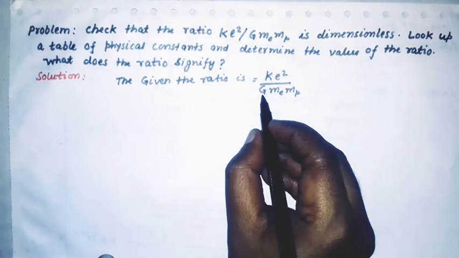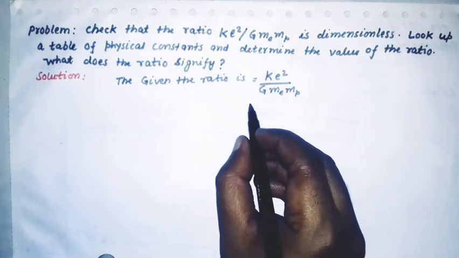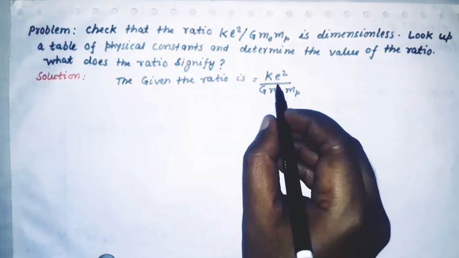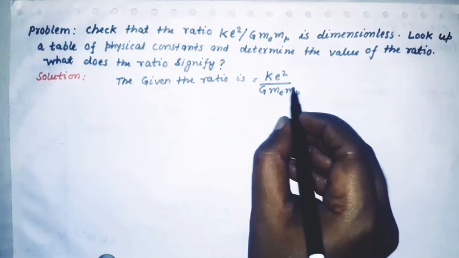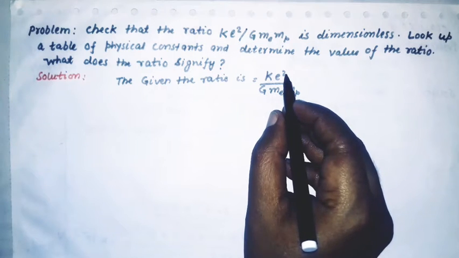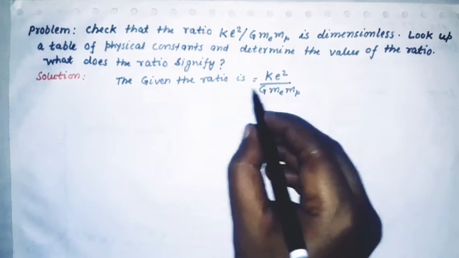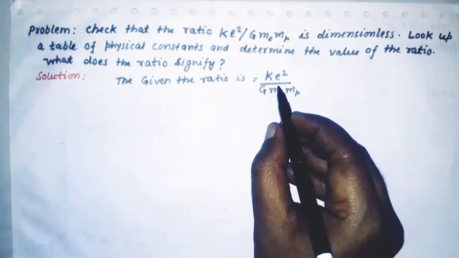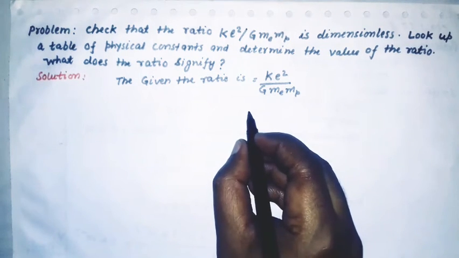G is the gravitational constant and its unit is Newton meter square per kilogram square. e is electric charge and its unit is coulomb. And K is a constant which contains 1 upon 4 pi epsilon naught, and only epsilon naught has a unit, which is Newton meter square per coulomb square.